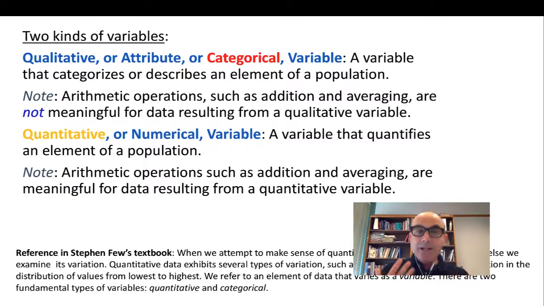We're talking about two types of variables usually, and this is a classification of the variable. We have qualitative or attribute or categorical variables. A variable that is categorized describes an element of the population. For example, age is categorical data. You cannot be age 27 and the age of 51.